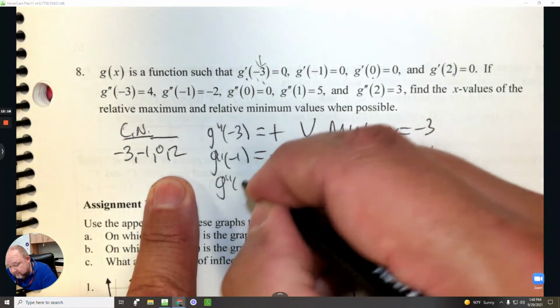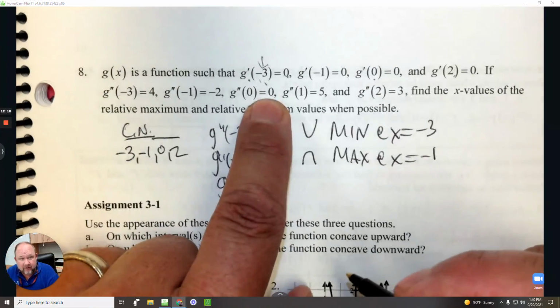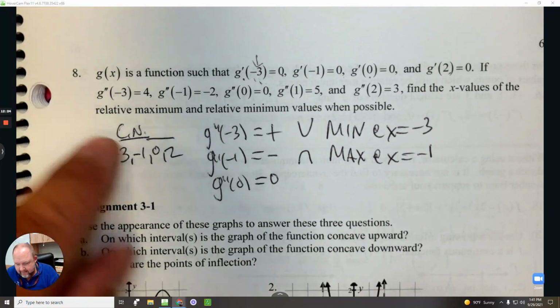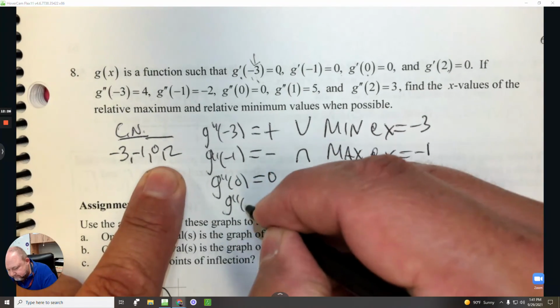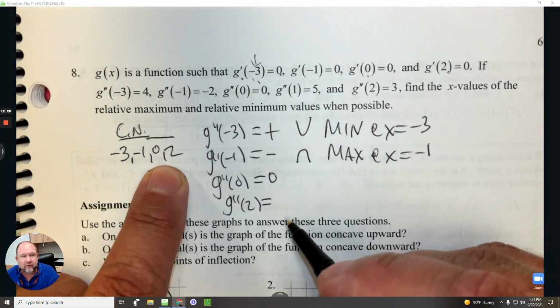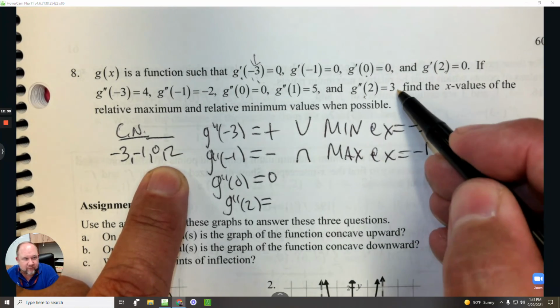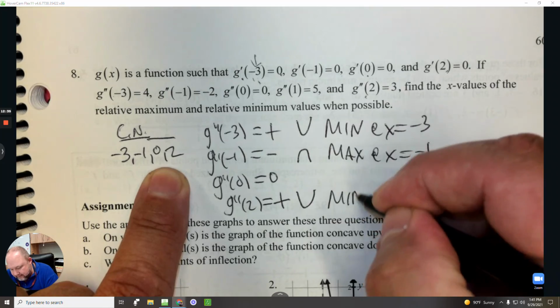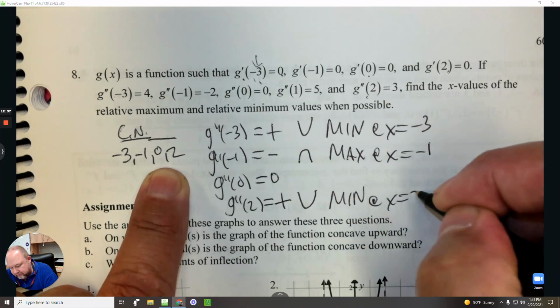At 0, the answer is 0. That means we don't have a max or min there because it needs to be positive or negative. And the last one is at 2. The second derivative at 2 is positive, so it's concave up. So we have a minimum at x equals 2.